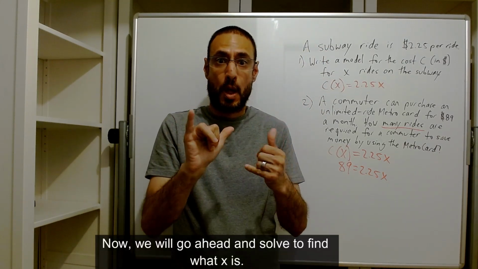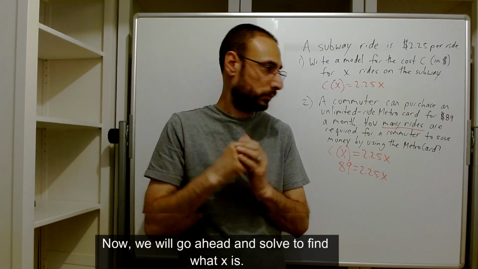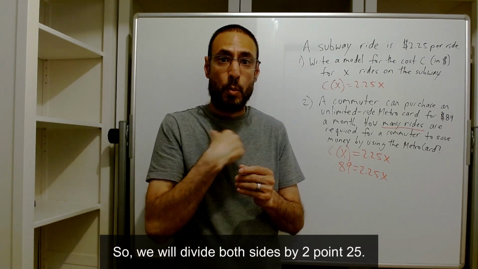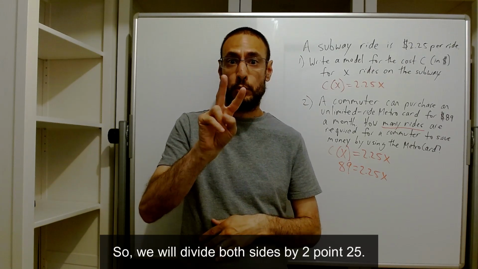Now, we will go ahead and solve to find what x is. So, we will divide both sides by 2.25.